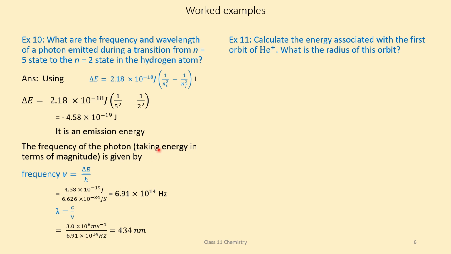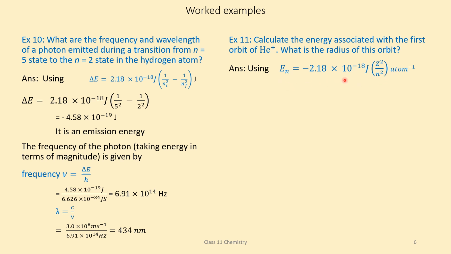Next question. Calculate the energy associated with the first orbit of helium plus. What is the radius of this orbit? Answer. En is equal to minus 2.18 into 10 to the power of minus 18 joules into Z square by n square per atom.